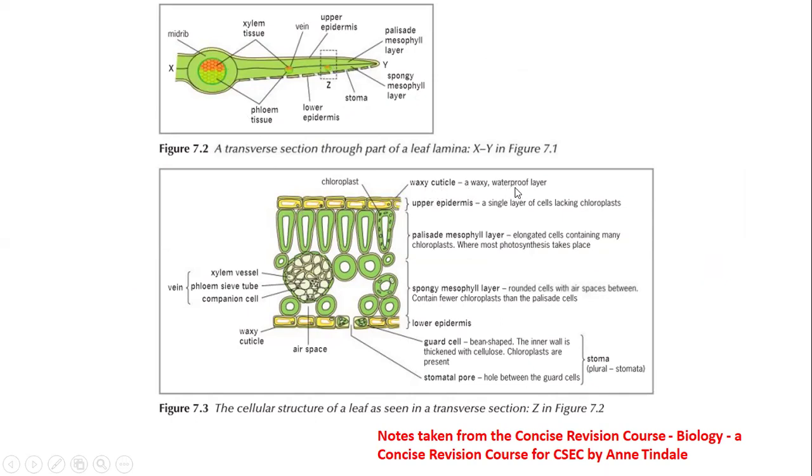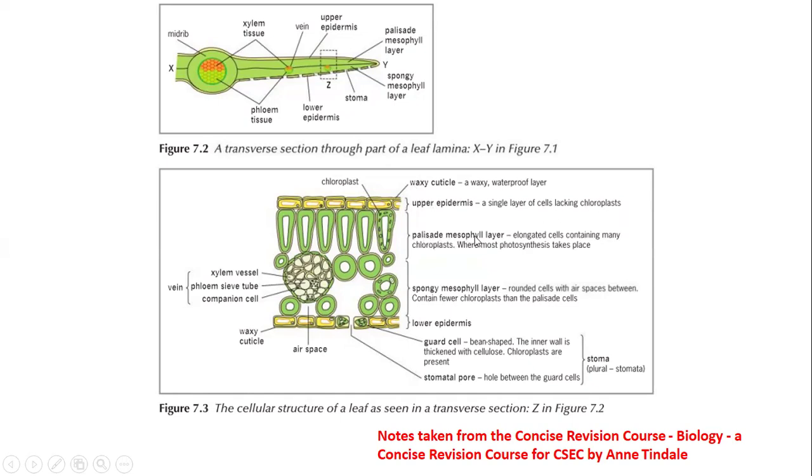So we know the waxy cuticle is a waterproof layer, which prevents water loss during high transpiration, like when the time is hot. We have a chloroplast there in the mesophyll layer, right? So we need to know all the layers: the upper epidermis, a single layer lacking chloroplast.